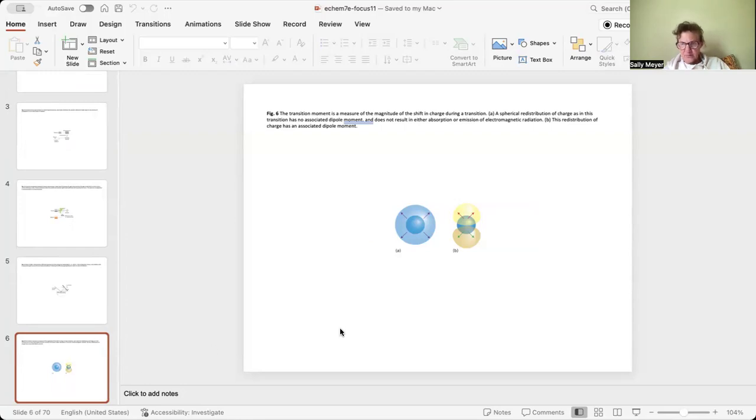So this is showing you that on the right-hand side, if the molecule has a dipole moment, then the light can interact with it because the dipole moment is a difference in electric field. And if it doesn't, if it's a completely symmetrical molecule or atom, light won't be able to interact with that. So the magnitude of the transition dipole moment will determine how much the intensity of light being absorbed.